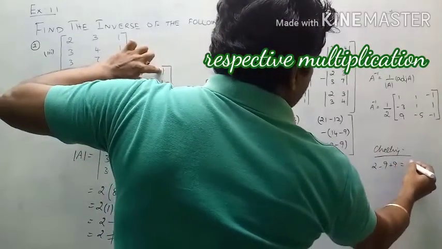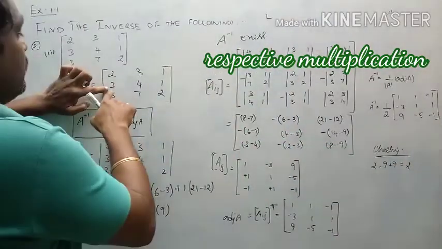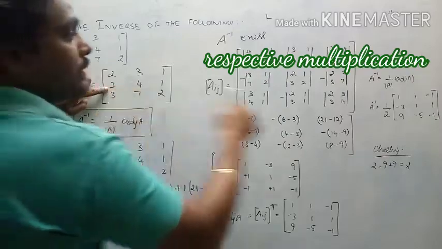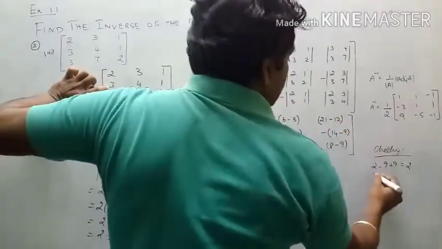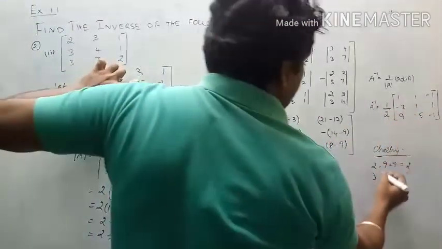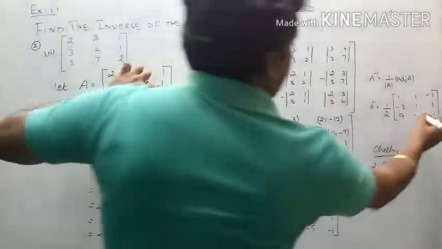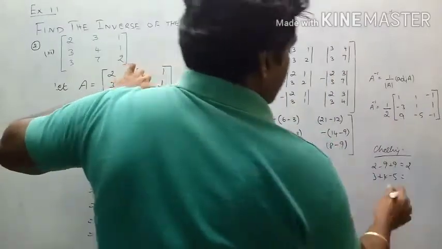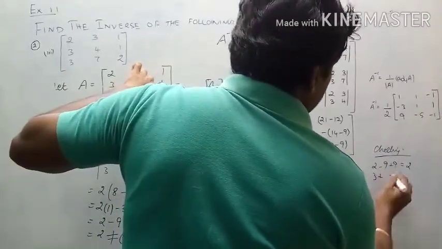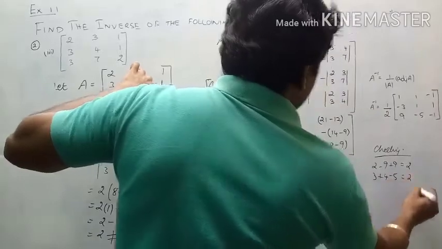It will be plus 9. 2 I am getting. Second row from A, second column from A inverse. Multiply. 3 ones are 3. 4 ones are 4. 1 5s are minus 5. So 7. 7 minus 5 will be 2.